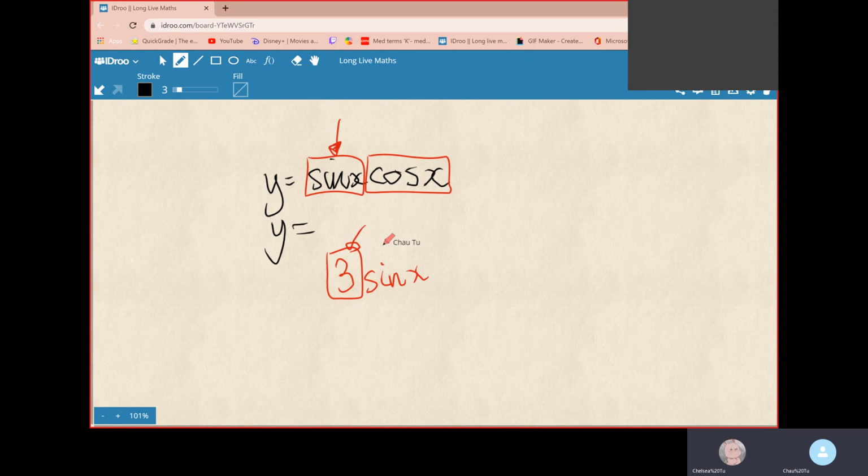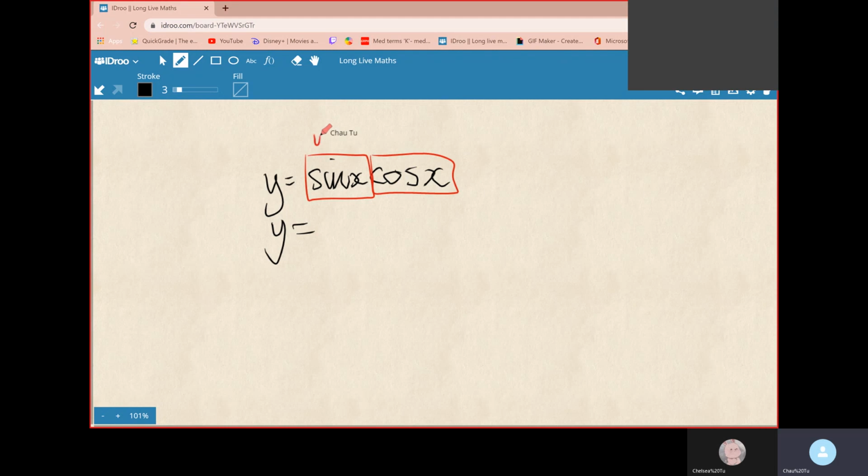But this whole block is a variable. This thing here is a variable, right? Yay or nay, Chelsea? Yay. Well, anyway, this block here is a variable, and this block here is a variable.